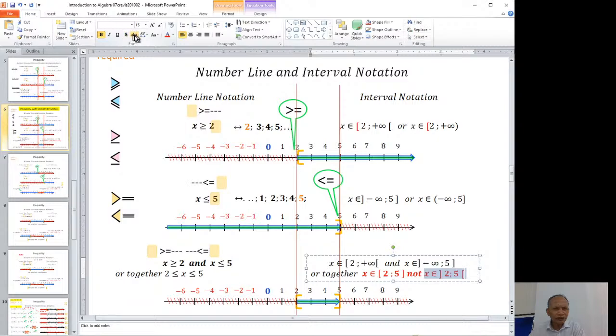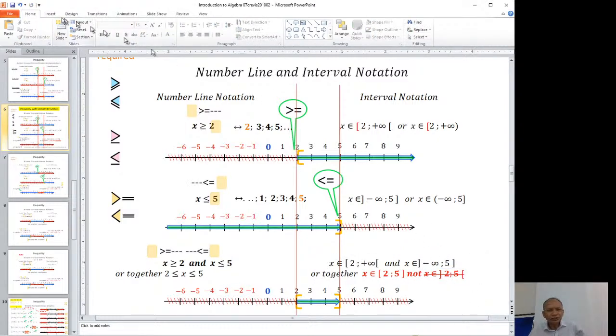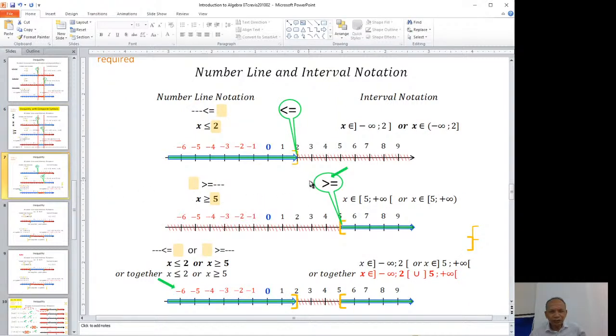So we write like this, not like this. Okay, and then we have this also.